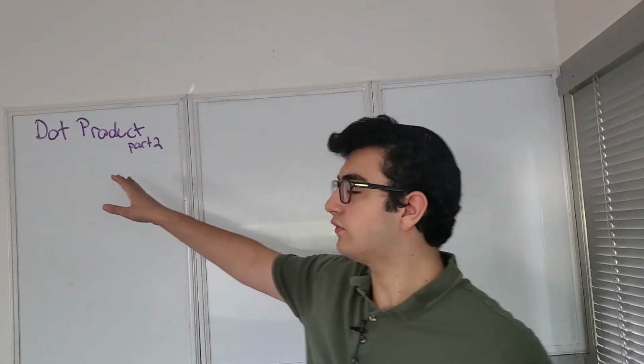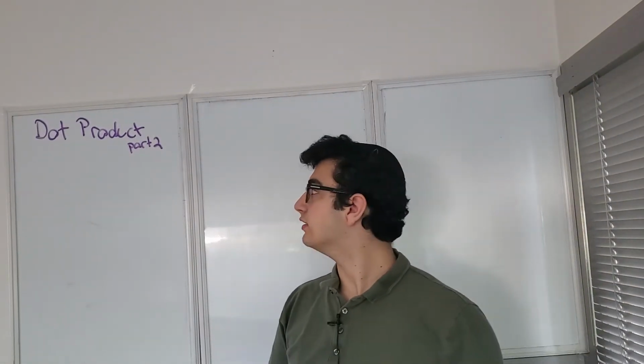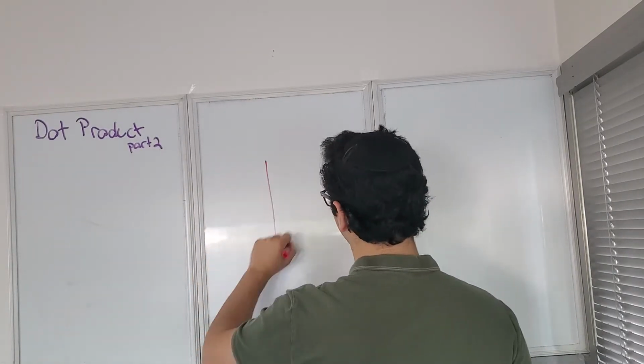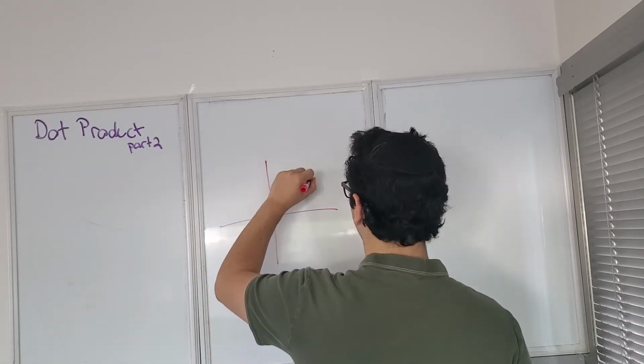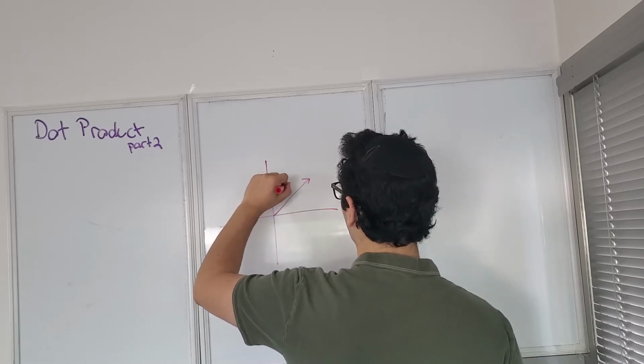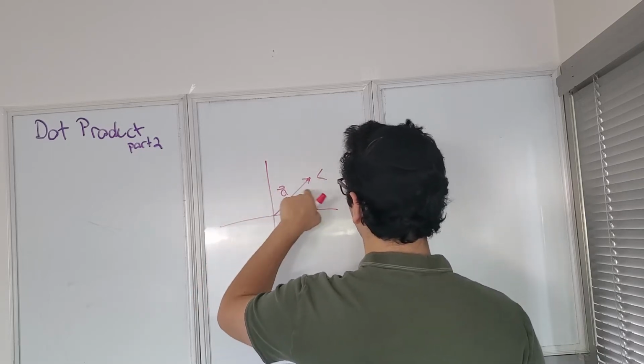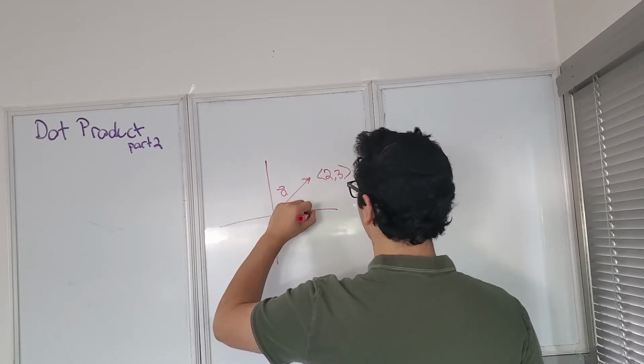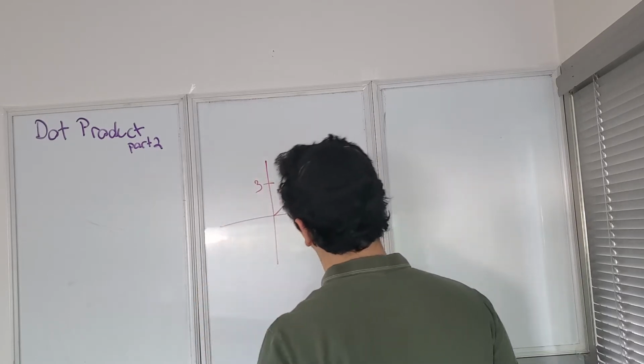Okay, so in this video, I'm going to be continuing the series on dot products. I'm going to start by saying if I have some vector A over here, we can give it the coordinates 2, 3.